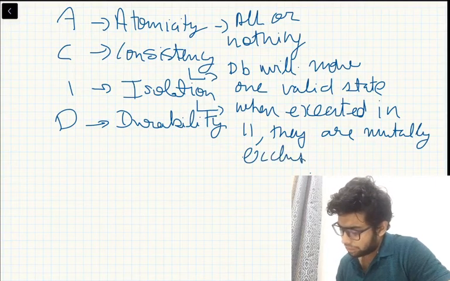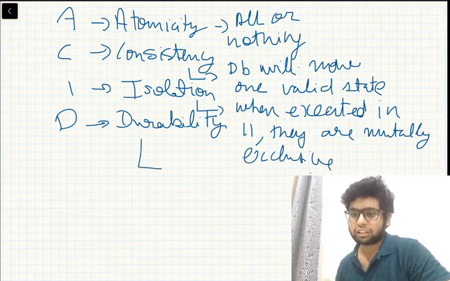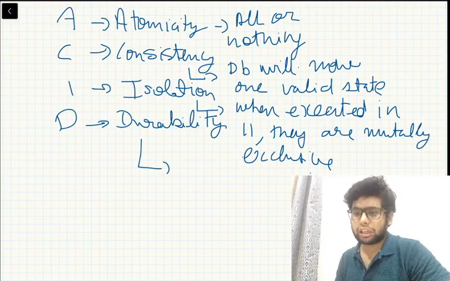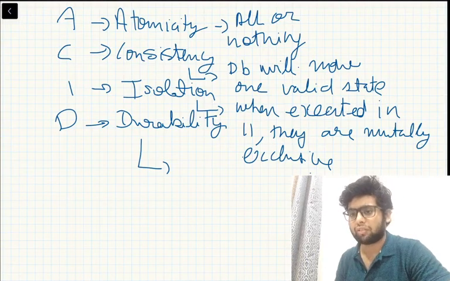And by durability we mean that once a transaction has been committed, like the data has been saved to our database, it wouldn't roll back. The changes will always be reflected. There could be a case that our transaction has been committed, data has been saved, and there is a power failure in our database. So when our DB comes back up, it would have all those changes committed to it.